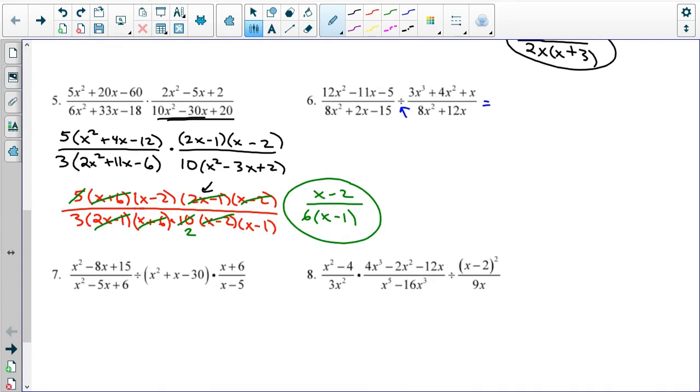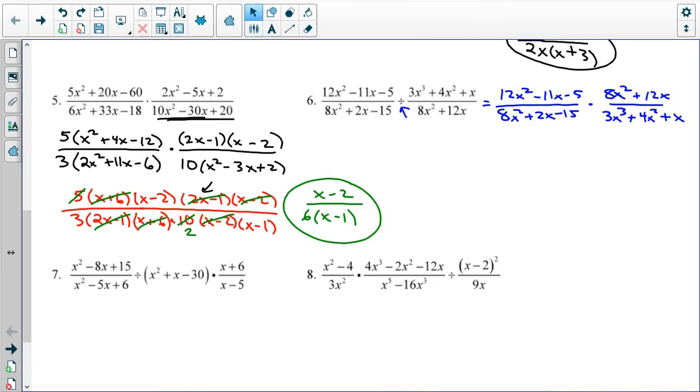So I could rewrite this as 12x squared minus 11x minus 5 over 8x squared plus 2x minus 15 times 8x squared plus 12x over 3x cubed plus 4x squared plus x. So that's something to remember from elementary school and middle school, that when you divide by a fraction, that's the same thing as multiplying by the reciprocal.